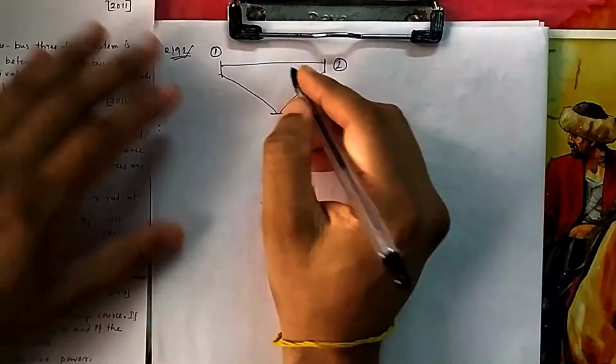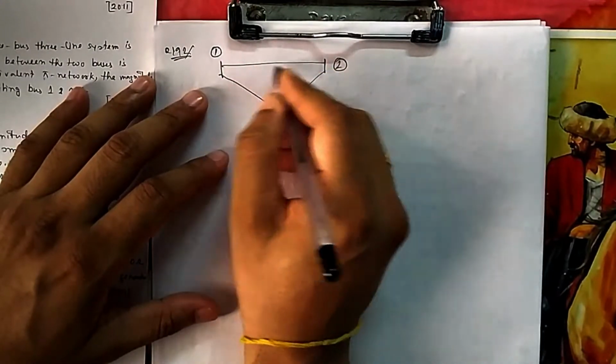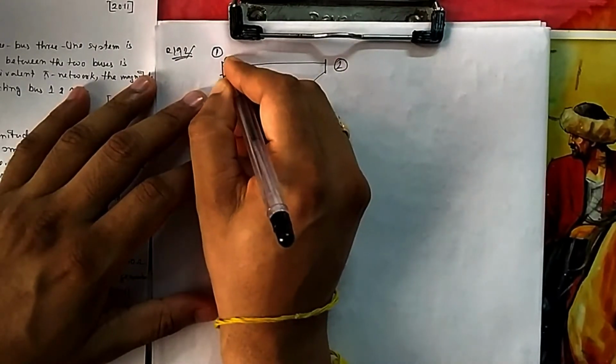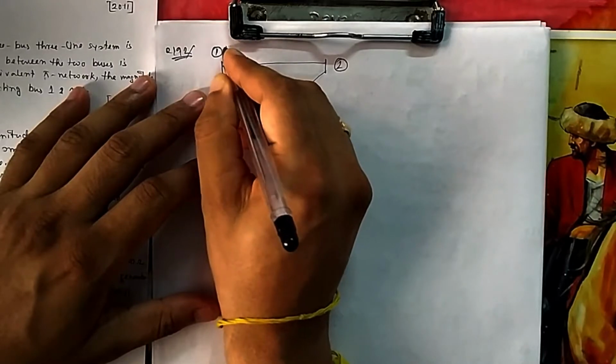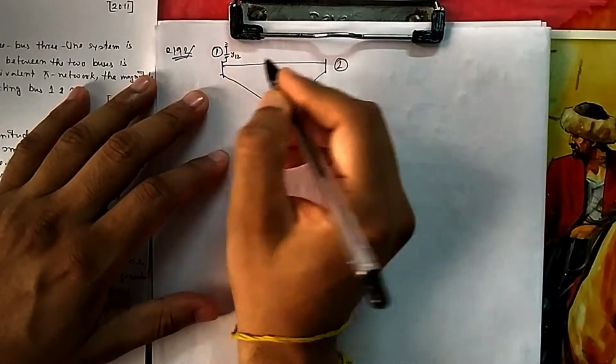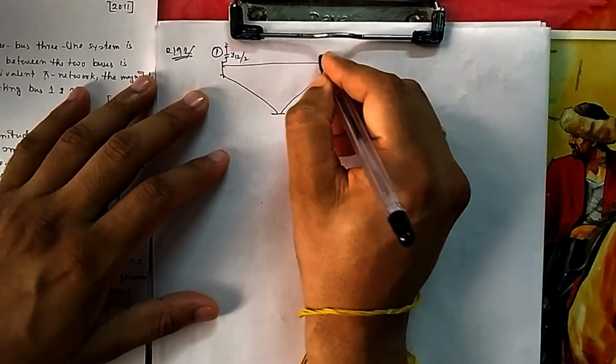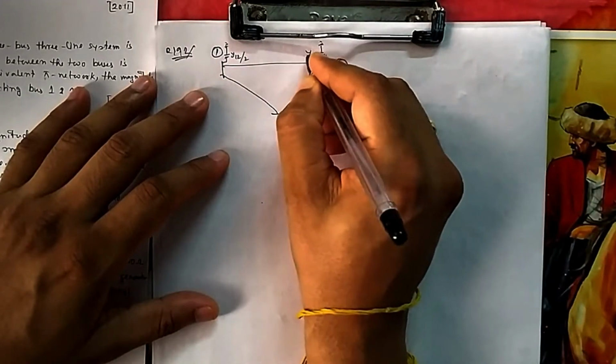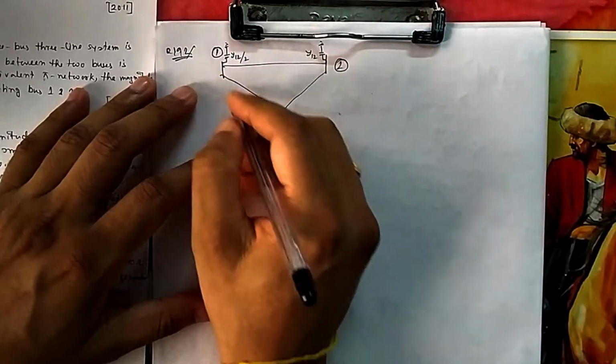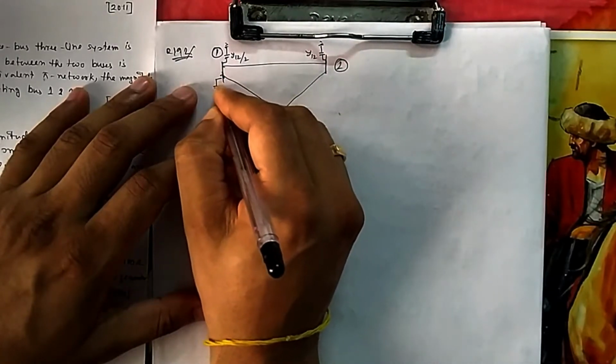So shunt susceptance connecting buses 1 and 2. If you see this line, line 1, 2, there will be shunt susceptance of that line because of the pi network. So this is half of y12, and this is also half of y12 grounded, because in the pi network we give half of it on each side. For this line y13 there will be another one.